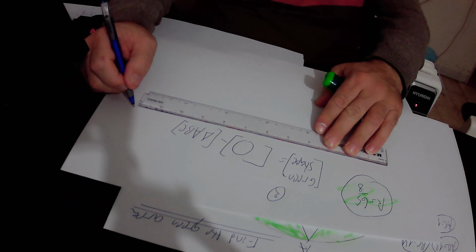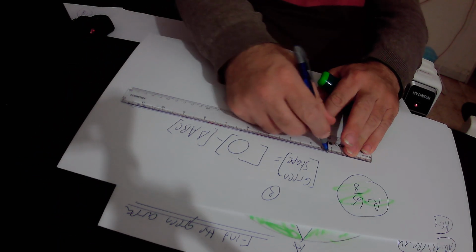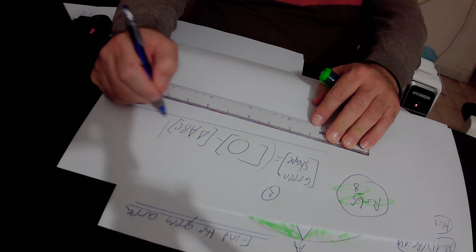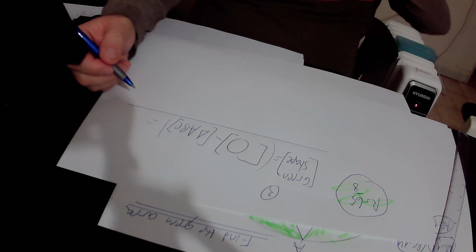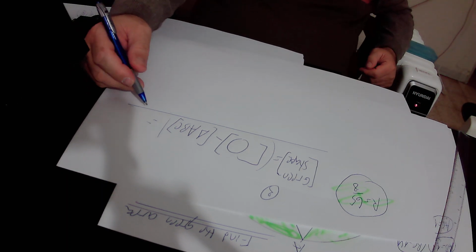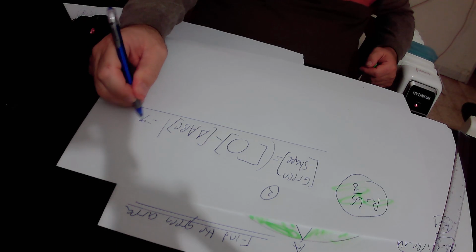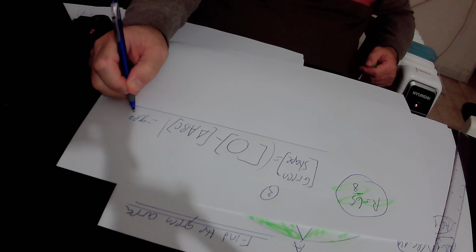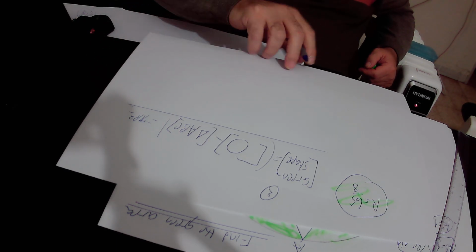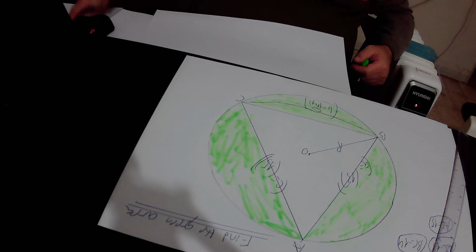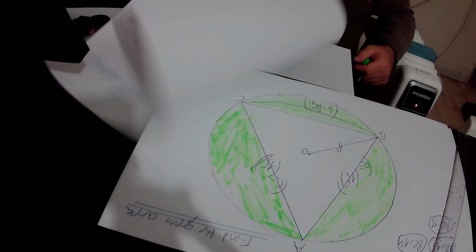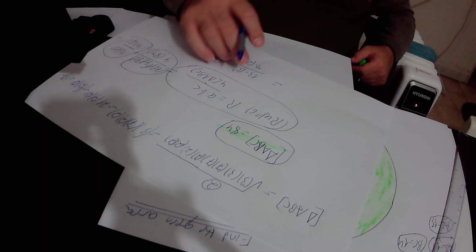So actually the area of the green shape equals the area of the circle, that is pi r squared, minus the area of triangle ABC. We have already found out that the area of triangle ABC equals 84 square units.